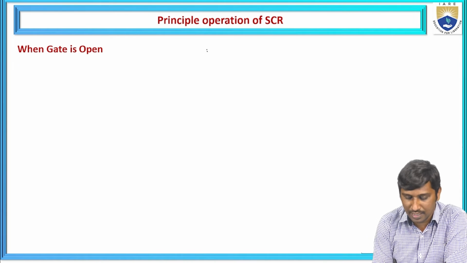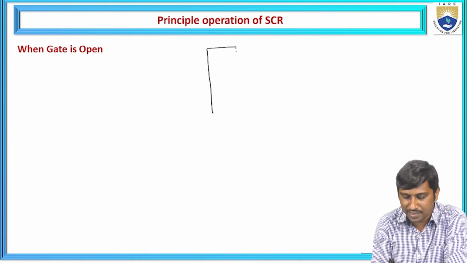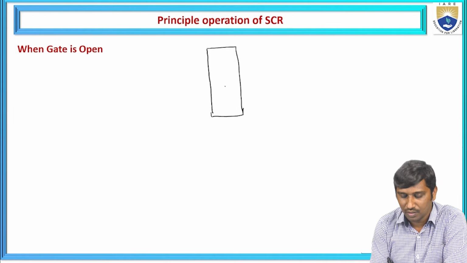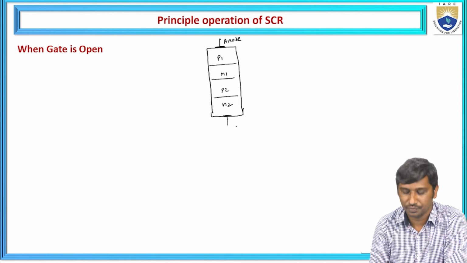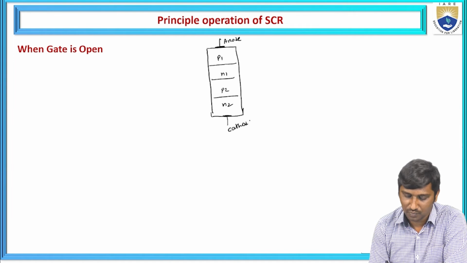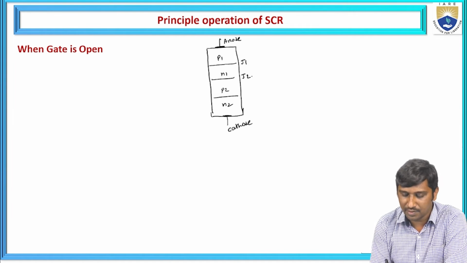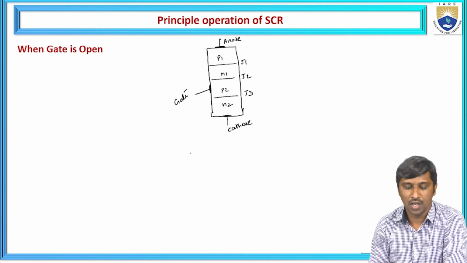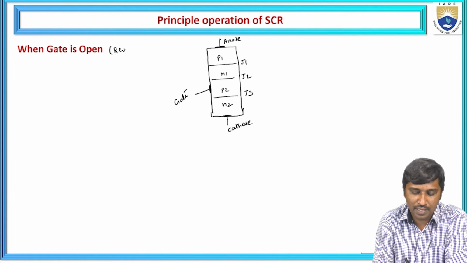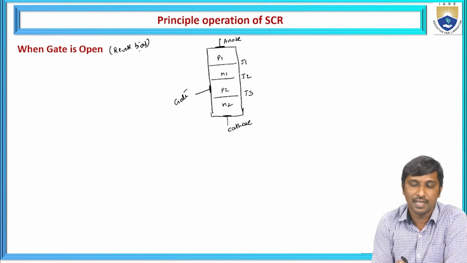Again, I take this PN structure: let us consider P1, N1, P2, N2, with the anode on this side and the cathode on the other. We have the three junctions J1, J2 and J3, and the P2 terminal is the gate. Now, with the gate open, I apply a reverse bias voltage.